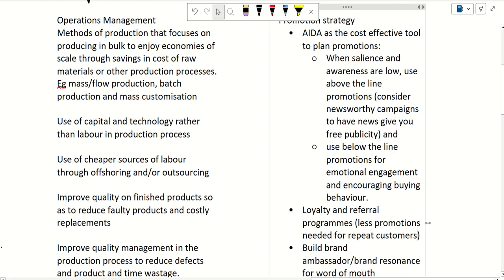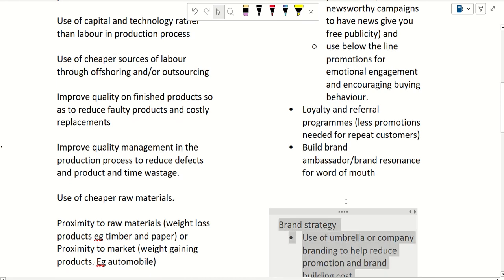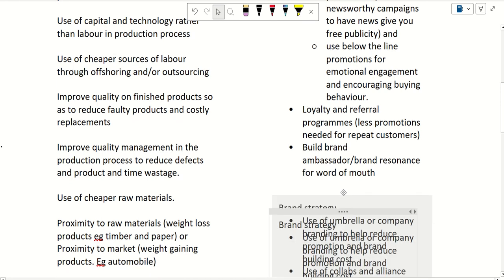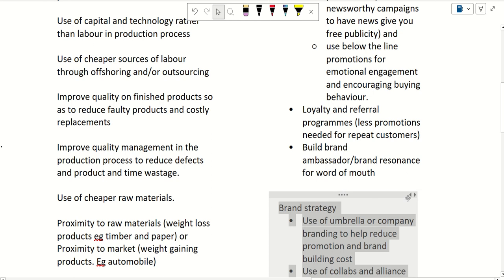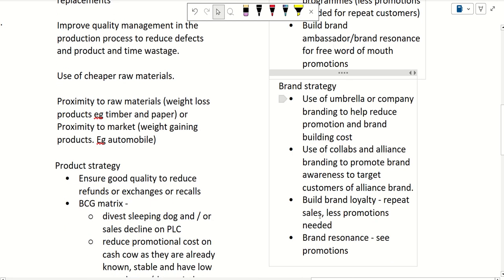They will just probably do a one click and then they can just buy your product again. If you manage to build brand ambassadors, brand resonance with your customers, then of course you get free word of mouth promotions, free.